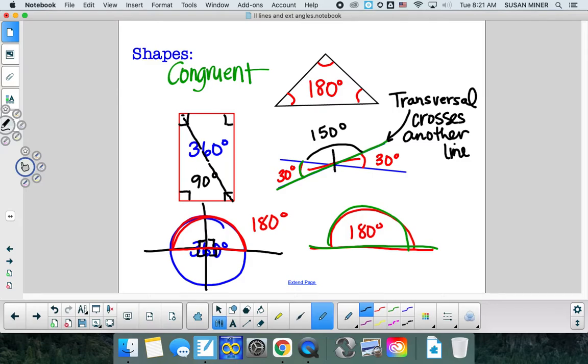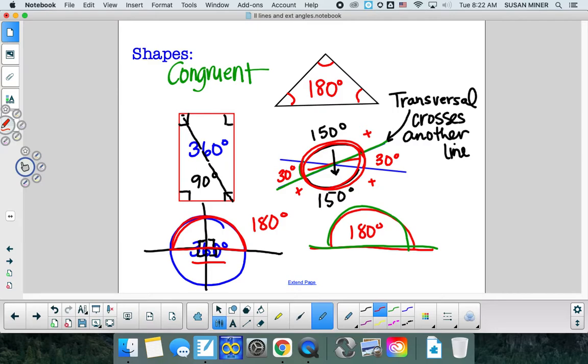And because it is a vertical angle to this angle over here, that angle would also have to be 150 degrees. And if you're doing the math, all of those angles together are making a circle, and so they should add up to 360 degrees. If I add all of those angles together, you can see that I'm going to get 360 degrees. And so now there's another proof that circles are 360 degrees.